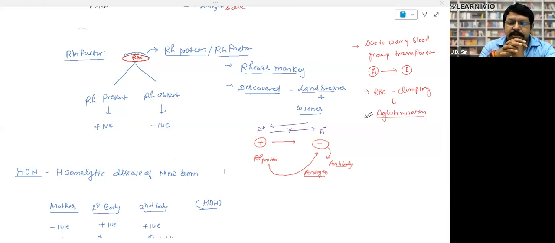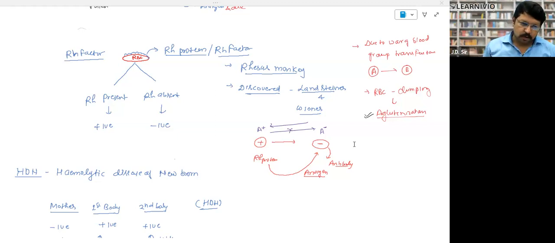But still, in this class, I want to share some knowledge with you. Suppose I have blood group A and you also have blood group A. But there are fair chances that you have A negative and I have A positive. If I am A positive and you are A negative, you can give blood to me, but I cannot give my blood to you.